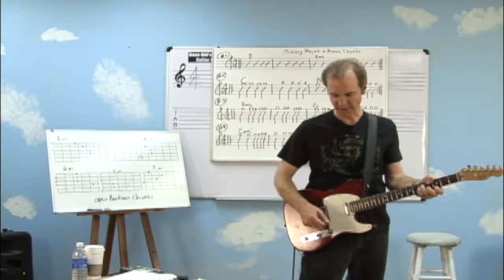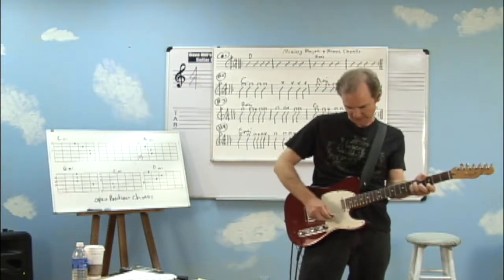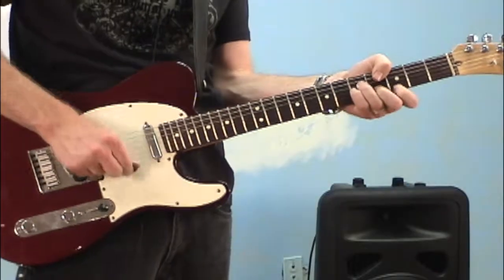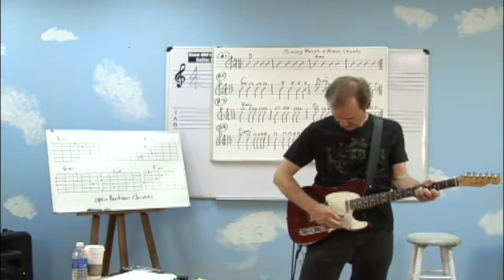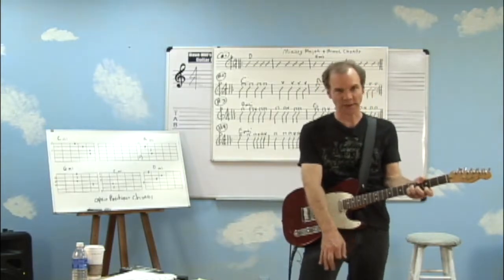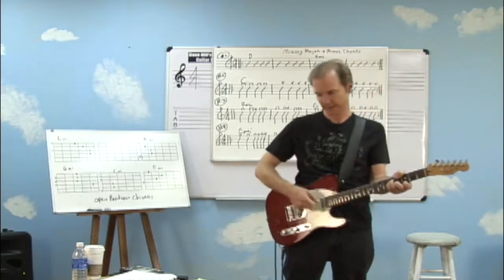Okay, and the reason that sounds really good for the upstroke is because I'm hitting the high strings first, and so I get the treble part of the sound first, as opposed to hitting the bottom strings and going up to the treble sound. I hit the treble sound first, so it's real bright.